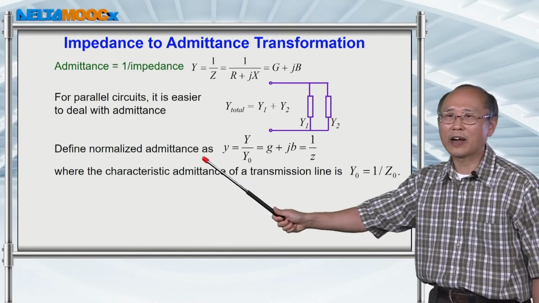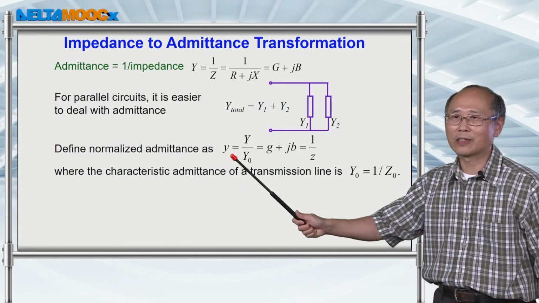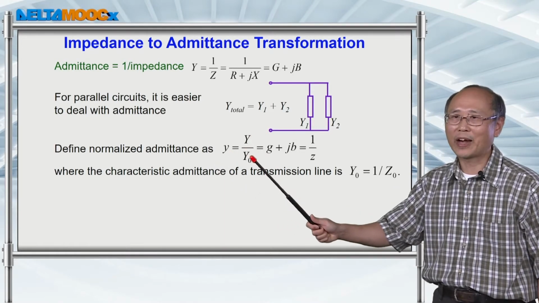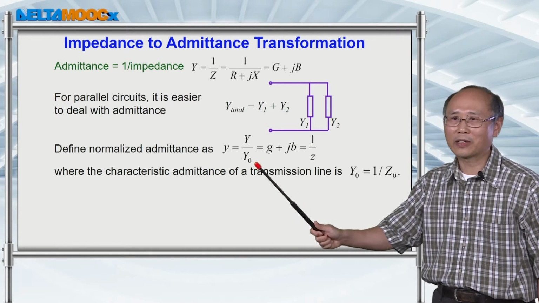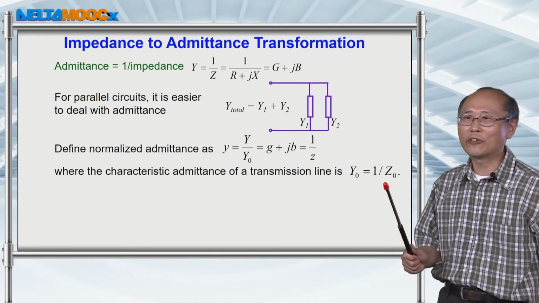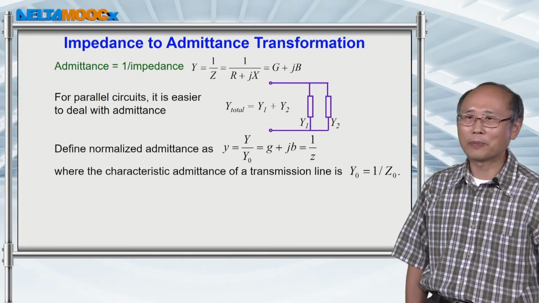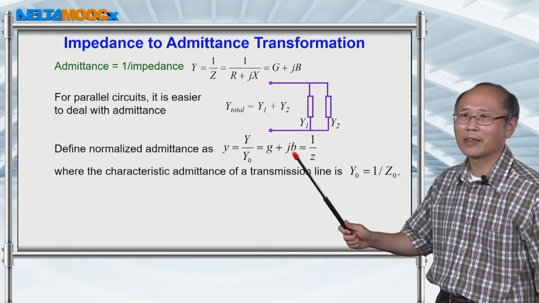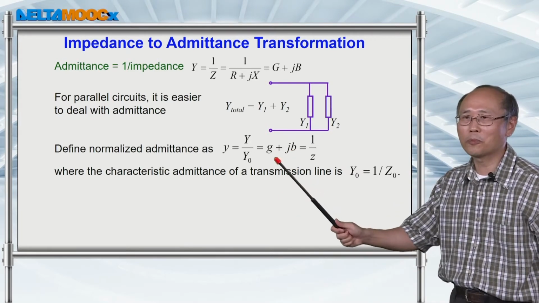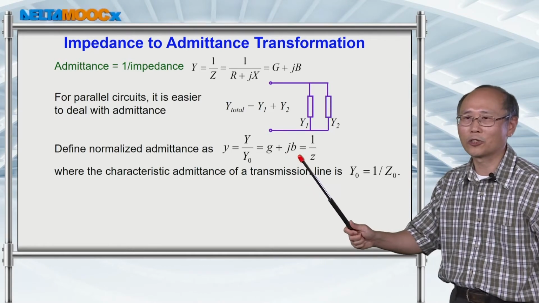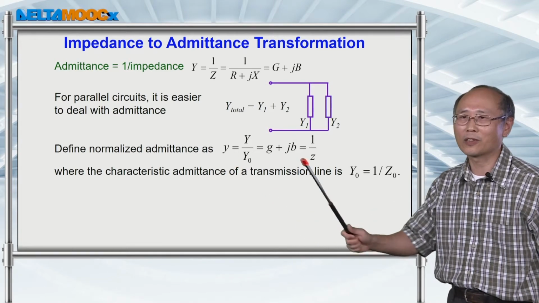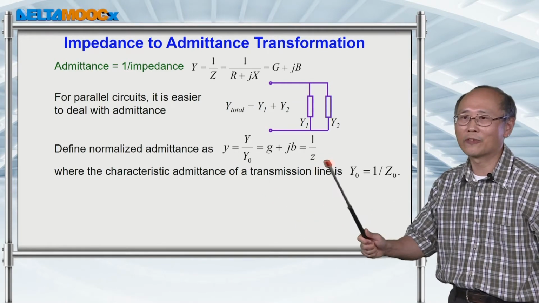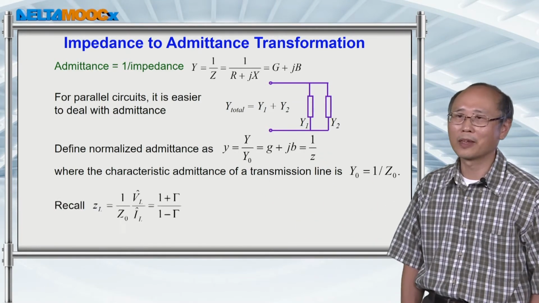So we define normalized admittance as the admittance divided by the characteristic admittance. This characteristic admittance is equal to the inverse of the characteristic impedance. And again, you have the real part and imaginary part associated with it. The normalized admittance turned out to be just the inverse of the normalized impedance.